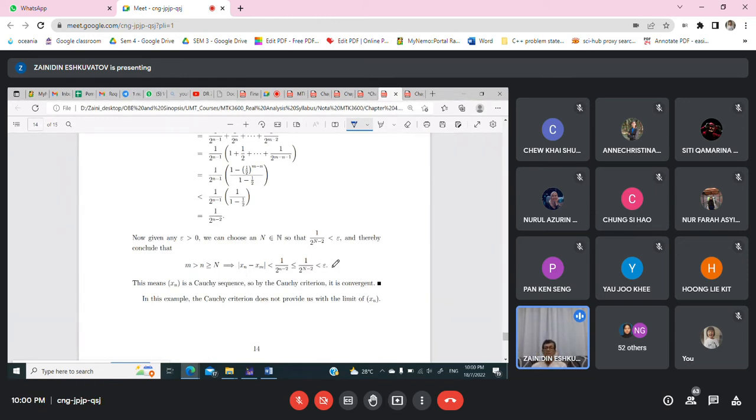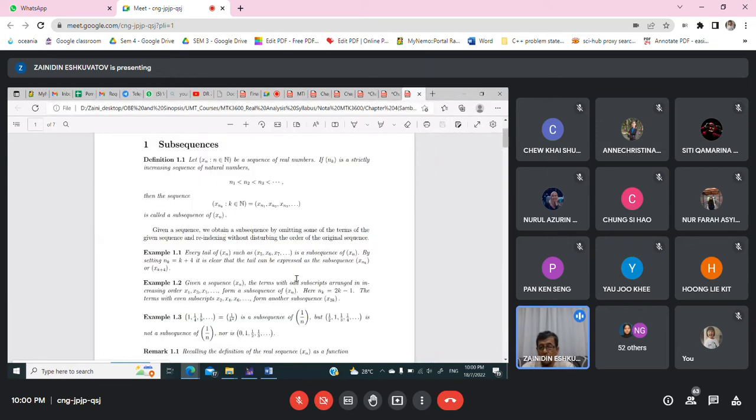Actually, these are very good examples. If you analyze and understand them, I hope you can handle all these problems. Sequences, subsequences, monotone sequences. So please, regarding this additional one, also revise it here.